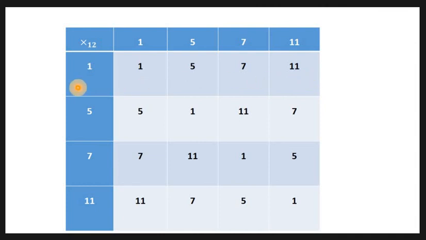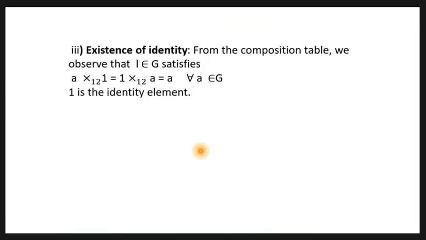Therefore when you multiply any element of the group G by 1, we get the same element, hence 1 is the identity element. So from the table also it is very clear, 1 is the identity element.